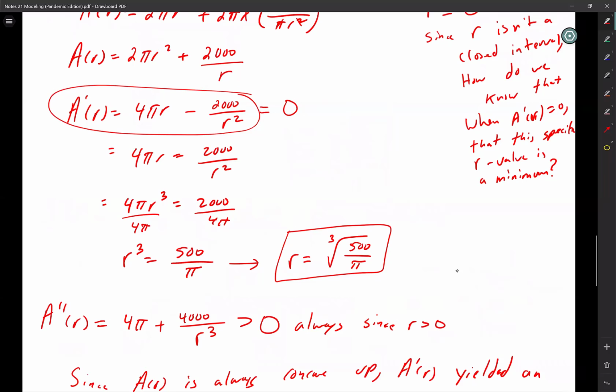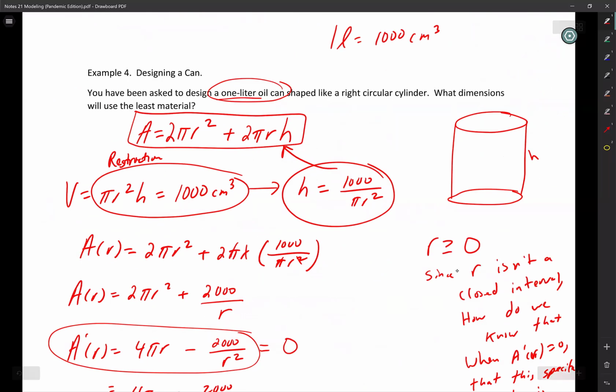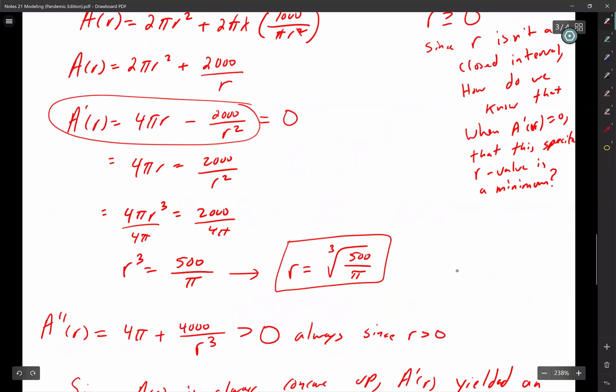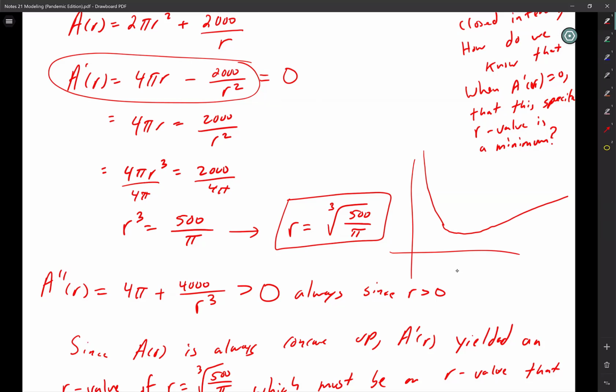All right, guys. In case you're wondering why this r value is the absolute minimum, the function, I don't know exactly how it looks like, guys, because I haven't graphed it, but I know it has to look something similar to this. Let's see, it probably looks something like this. And then here's my critical number, and then something like that. Notice that it's always concave up, and that has to be the one that's going to give you the smallest amount of area.